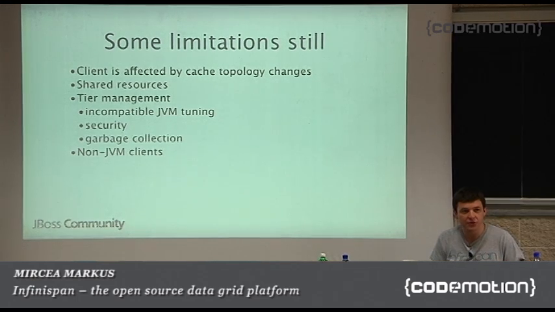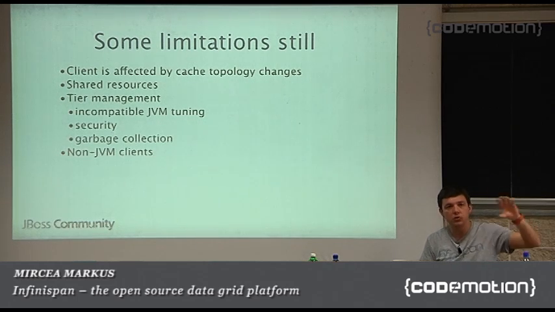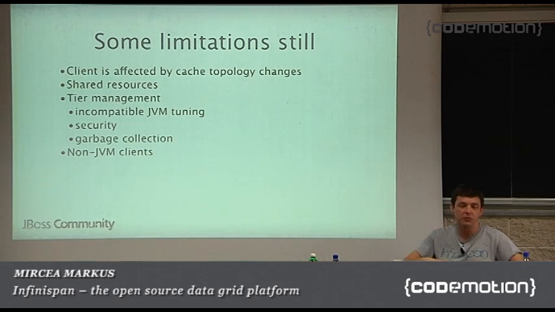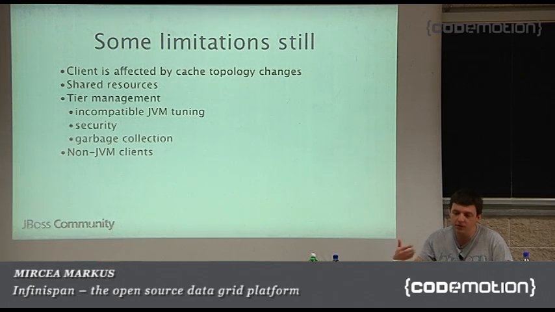What I said in the first slides, that topology changes won't affect the clients, was a bit of an overstatement, actually. Because when a node leaves, we do some computation. We'll use some CPU and some network resources just to rebalance the whole cluster. We do that gradually and minimally, but there are still CPU cycles that you need to count to know that they are going to be taken from you.